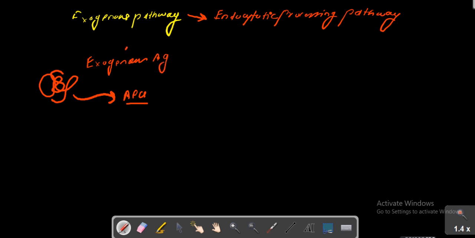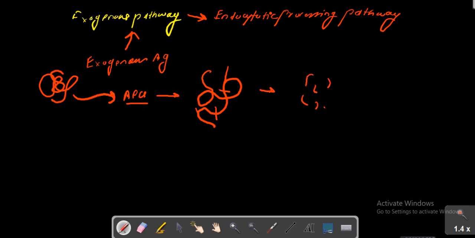So that's why it is called the exogenous pathway. Exogenous antigens are broken down into small peptides. So this is the protein, and now it is broken down into small peptides. So it is now broken, and this all is happening inside the antigen presenting cells.